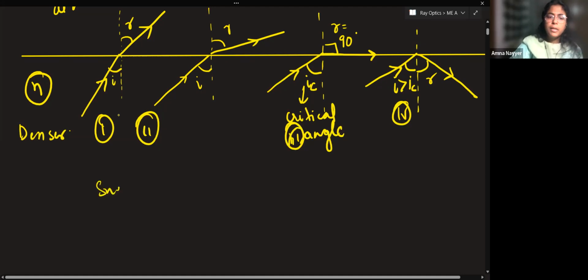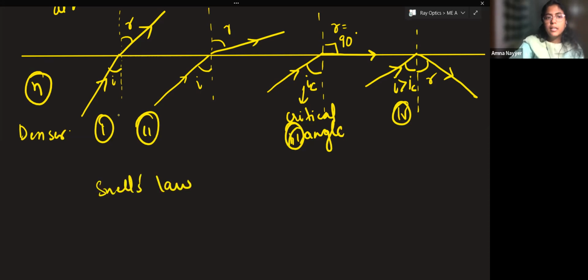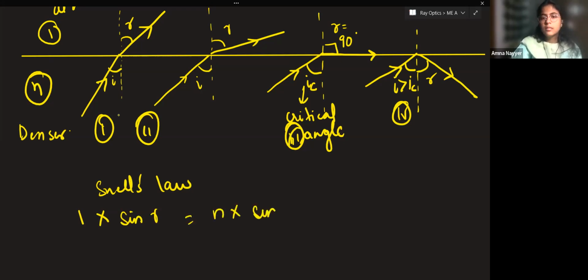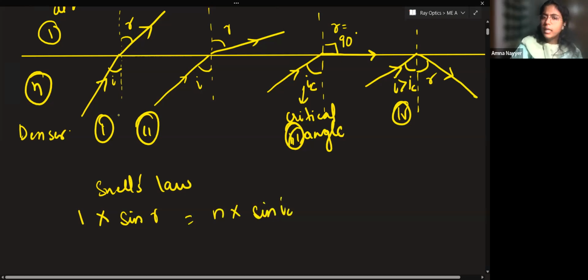The refractive index is 1 for air, so 1 into sine r is equal to N into sine iC. This is how we apply Snell's law.